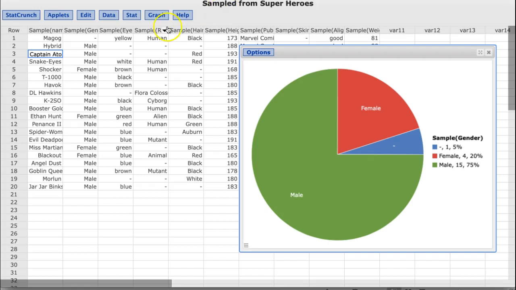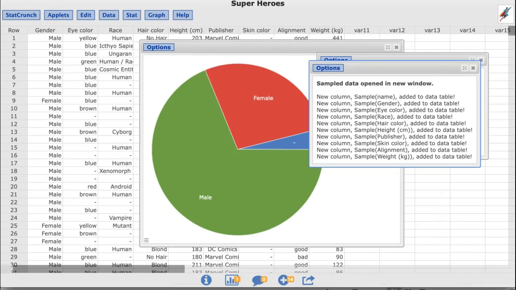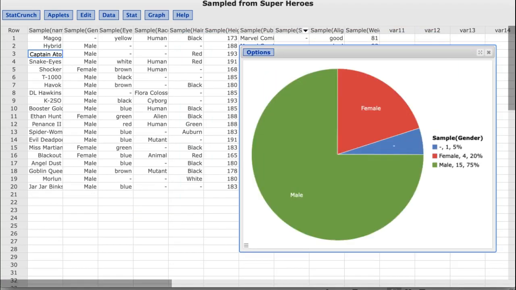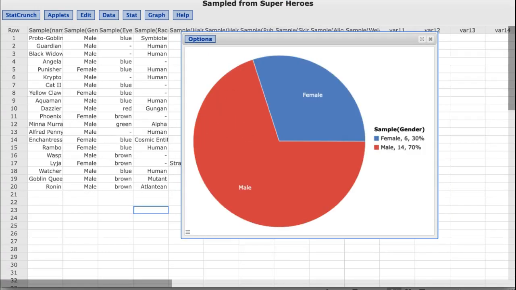We can look at other categories as well, like race, hair color, or weights. We can perform these summary graphs to verify that our sample represents the population. The cool thing about random sampling is, one, everyone has a chance to participate in the study, and two, by randomly selecting, this magic happens where your sample is going to represent your population.